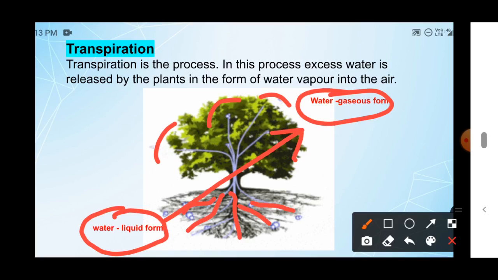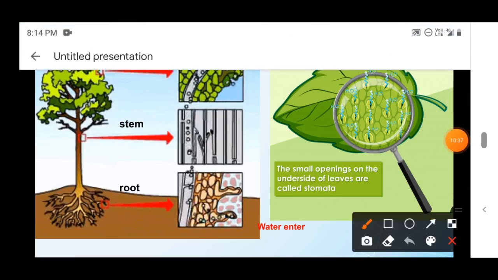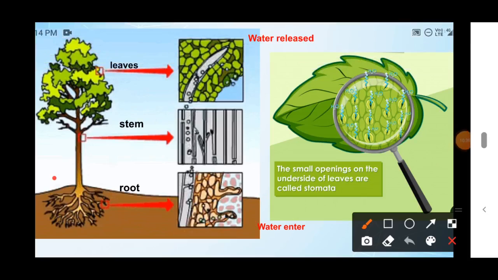That means the excess water is released from the plants through the leaves. This is known as transpiration. See the picture. This part is the root, this is the stem portion of the plant, and this is the leaf portion. Okay, students?